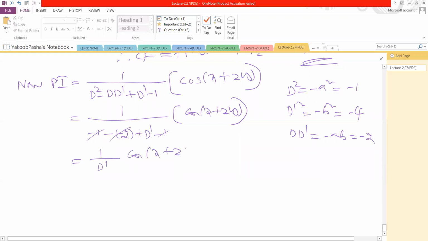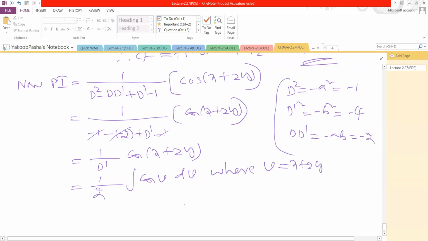cos x plus 2y. So we can use the integration formula here. So replace d dash by 2, that is 1 by 2. It is of first degree. So integration of cos v into dv, where v is equal to x plus 2y.